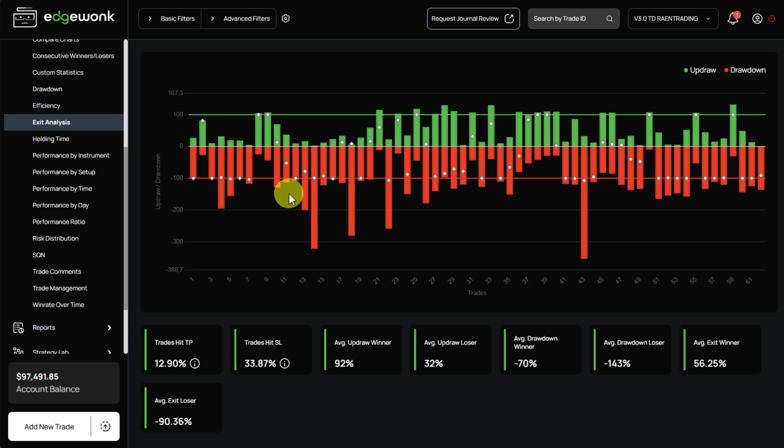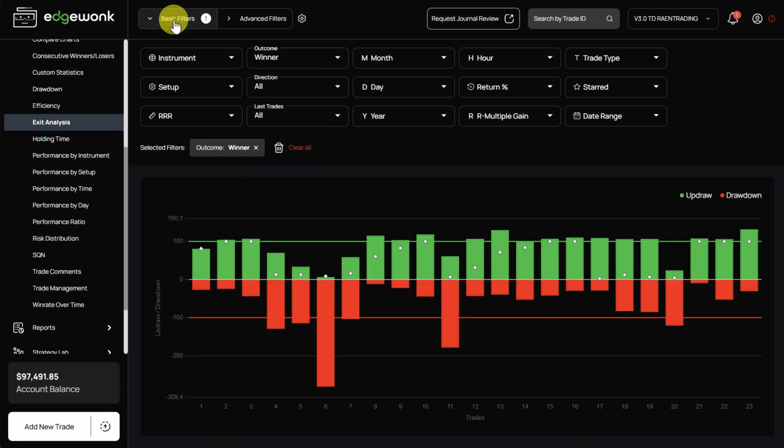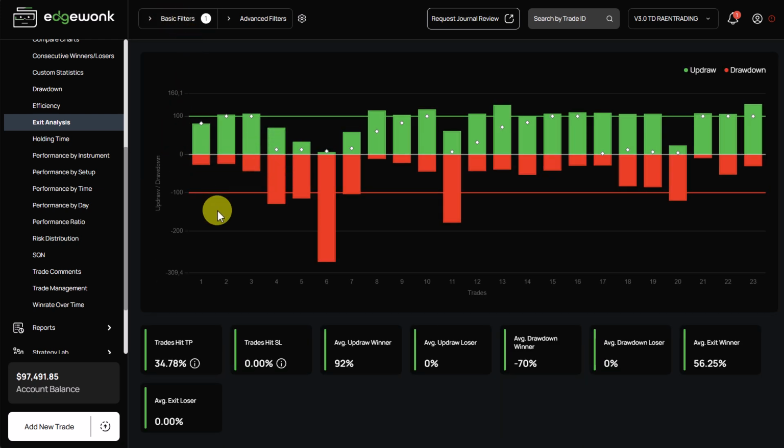So what we're going to do with this information now, let's go and filter only for winning trades. And this is super interesting, because now we see that those trades, only his winning trades, actually often don't have a lot of red bars. Of course, there are here 4, 5, 6 trades where the price moved all the way towards the stop loss.